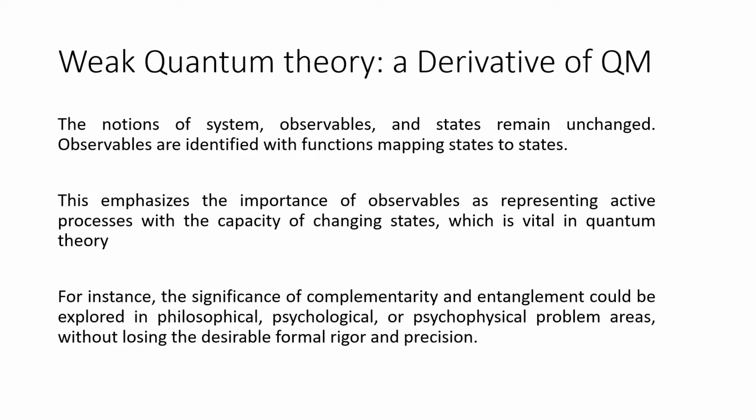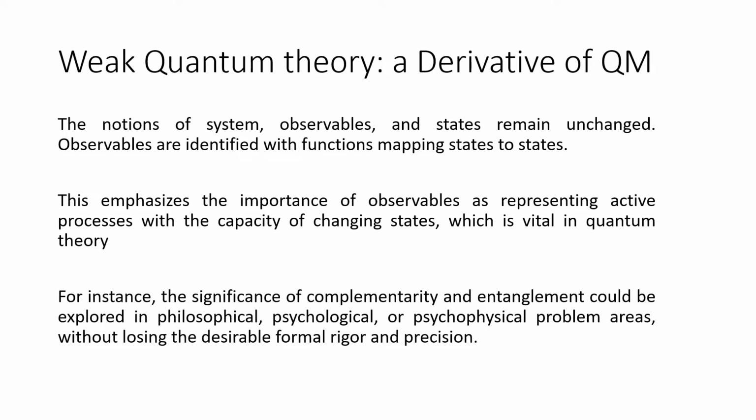Weak quantum theory, a derivative of quantum mechanics. The notions of systems, observables, and states remain unchanged. Observables are identified with functions mapping states to states. This emphasizes the importance of observables as representing active processes with the capacity of changing states, which is vital in quantum theory.